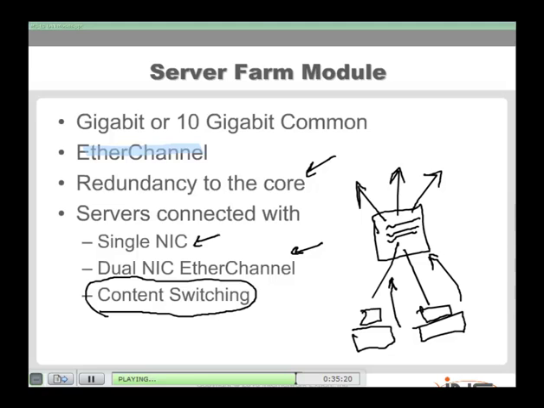So you can have these Cisco devices pull these file resources and web resources off of the servers, store them in a fast-acting cache, and serve them up upon request.